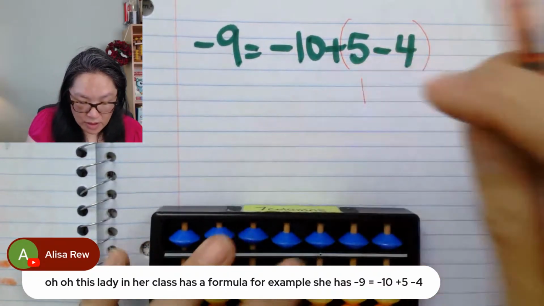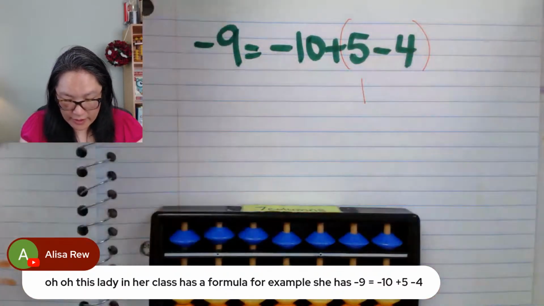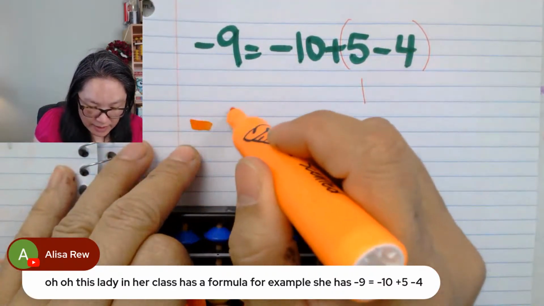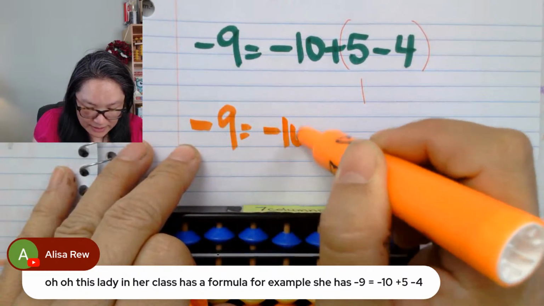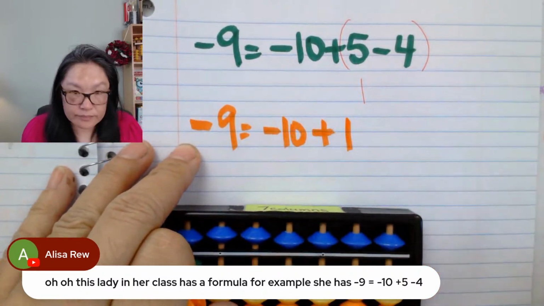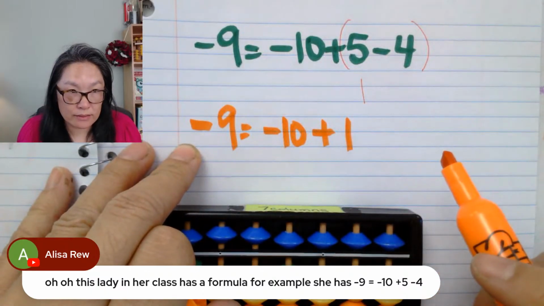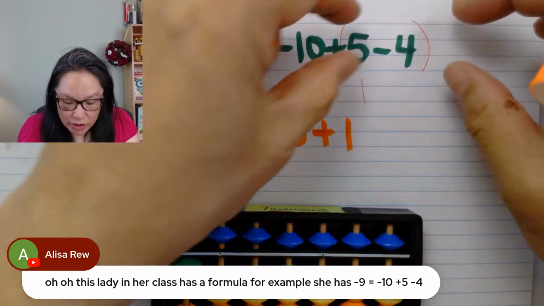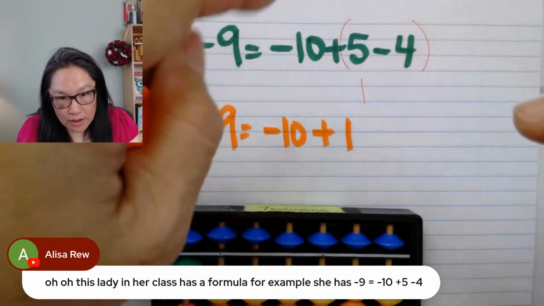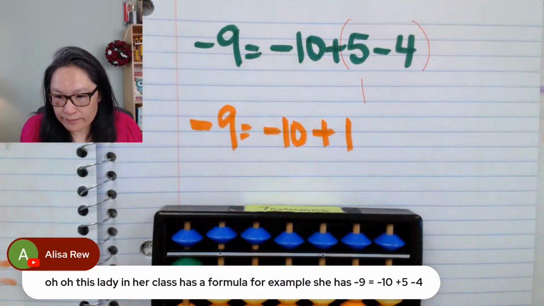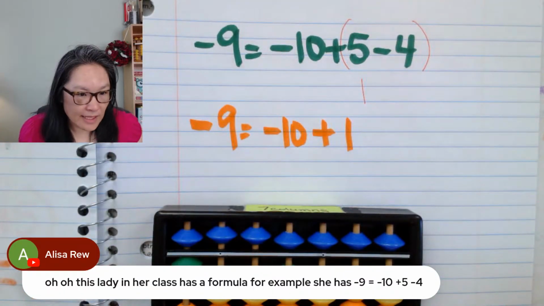Because when we look at it, right, it's minus the 9 equals minus the 10 plus 1. We use the brackets to help us group it. So I guess we could use associative property if we show it this way.